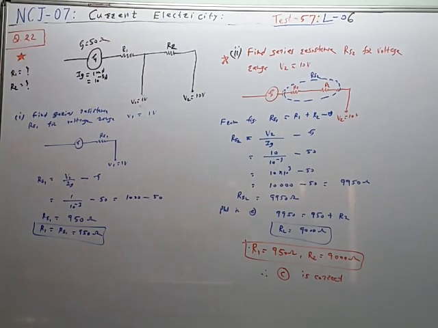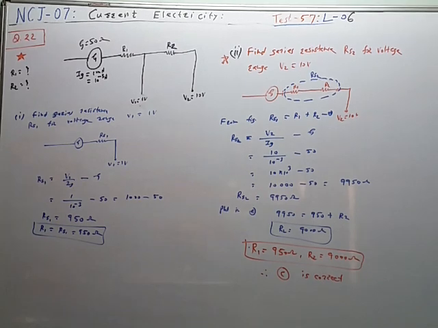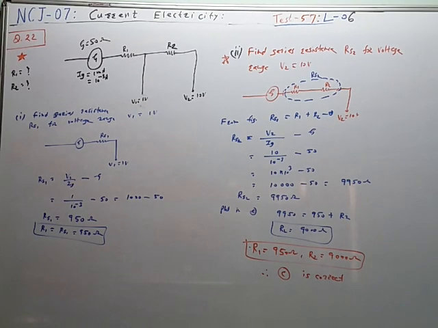So R1, R2, R3, R4 can be used in the similar manner for voltage ranges V1, V2, V3, V4. As the range increases, we require higher and higher value of series resistance. So R2 will be greater than R1, R3 will be greater than R2, etc. So we can find each and every resistance required to convert the given galvanometer into the 2 or 3 different types of voltage ranges.